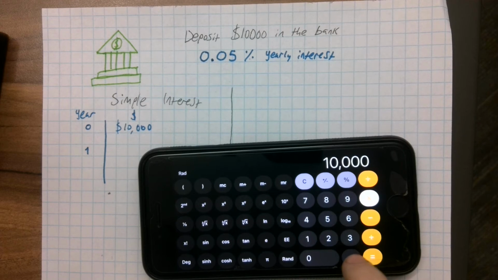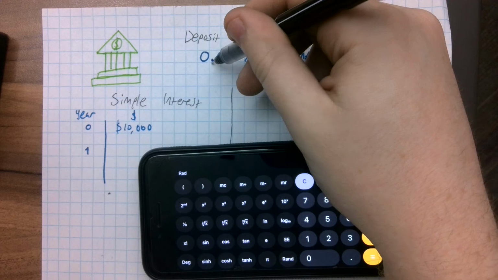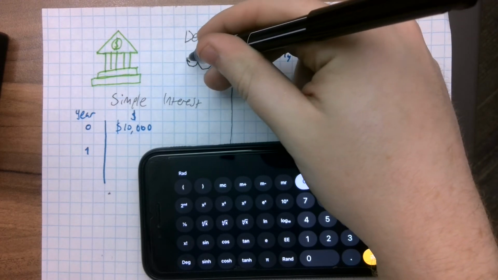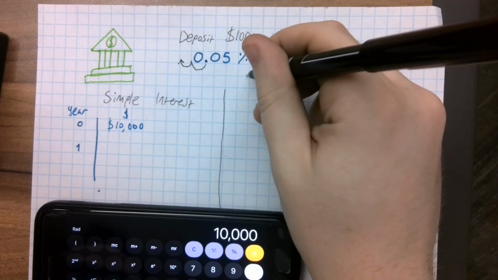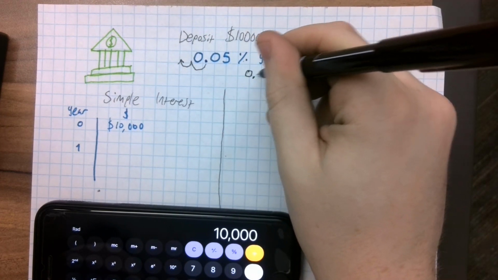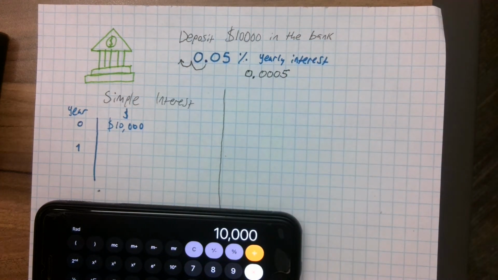That would be $10,000 times whatever 0.05% is as a decimal. This is still a percent, despite the fact that it looks like a decimal. We have to move the decimal 2 more places to the left. So this is actually going to be times 0.0005. Oh boy, we do not have a great interest rate.